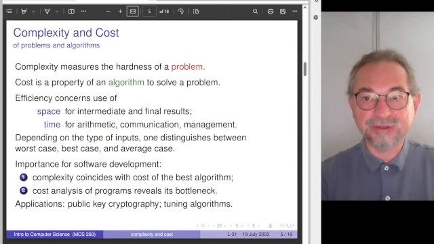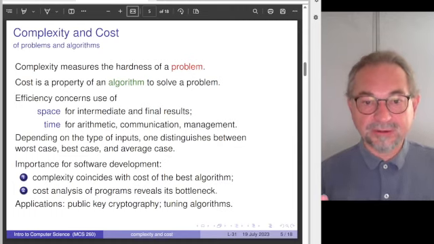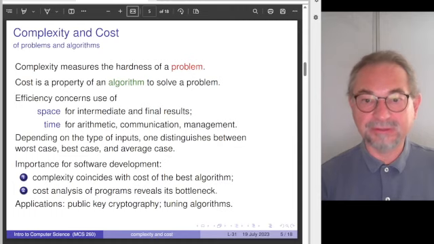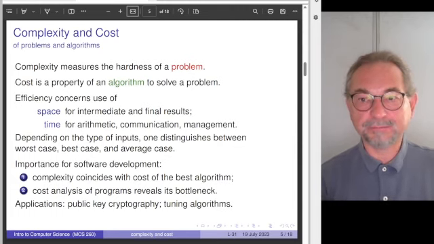But the analysis should actually also consider the complexity of the problem. So there is a strong correlation. If you are a good programmer, then you will find the best possible algorithm that has a cost that almost entirely coincides with the complexity of the problem.